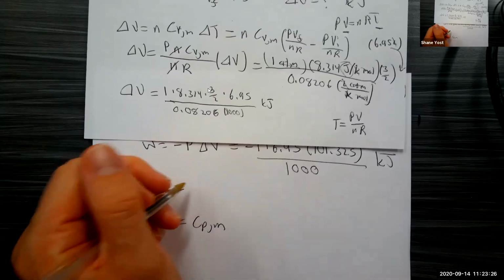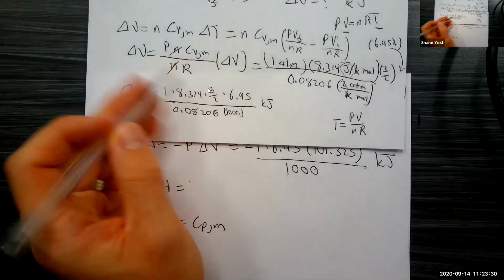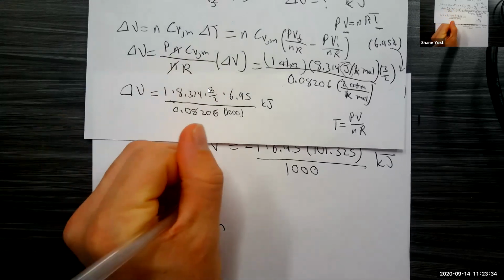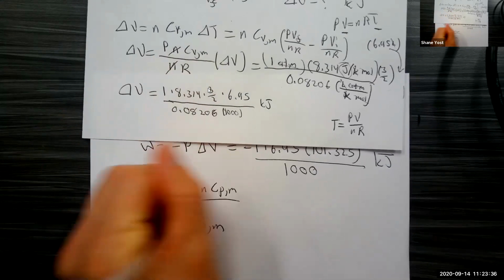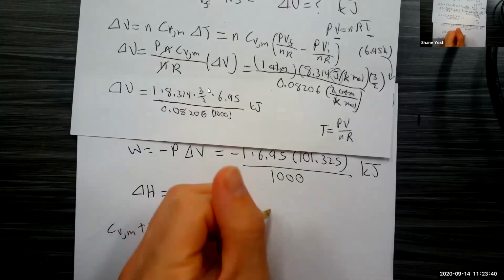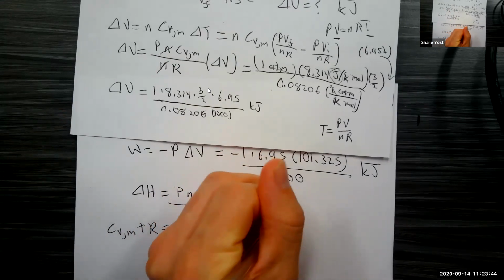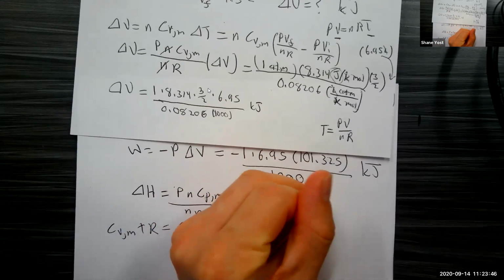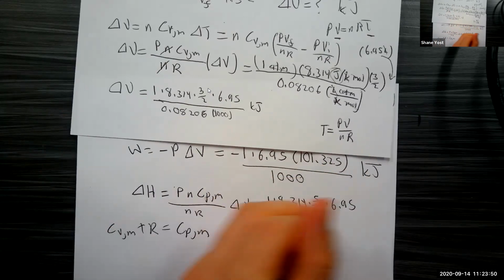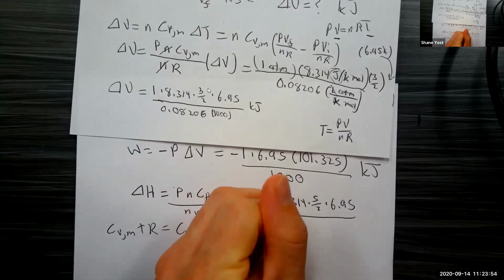So this is going to be kind of the same equation as up above, which will have pressure times n times Cpm for nR times delta V, which is 1 times 8.314 times 5 halves times 6.95 divided by 0.08206.